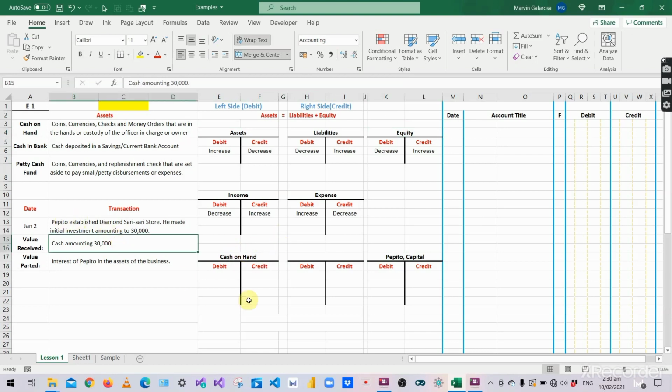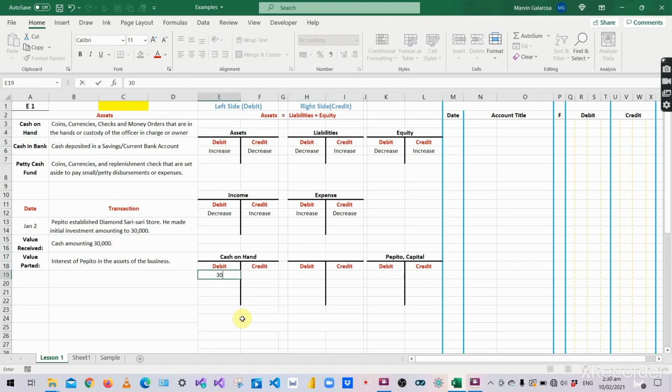So, may na-receive si business na 30,000 pesos. So, nag-increase yung asset, particularly cash on hand. Ang increase sa asset, nire-record mo siya on the debit side. So, lagay natin 30,000 on the debit side. Ang Pepito Capital naman, under siya ng equity.